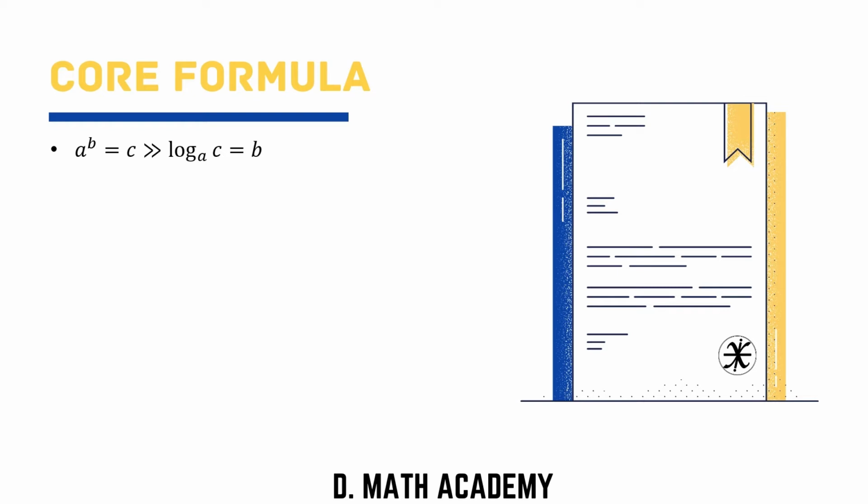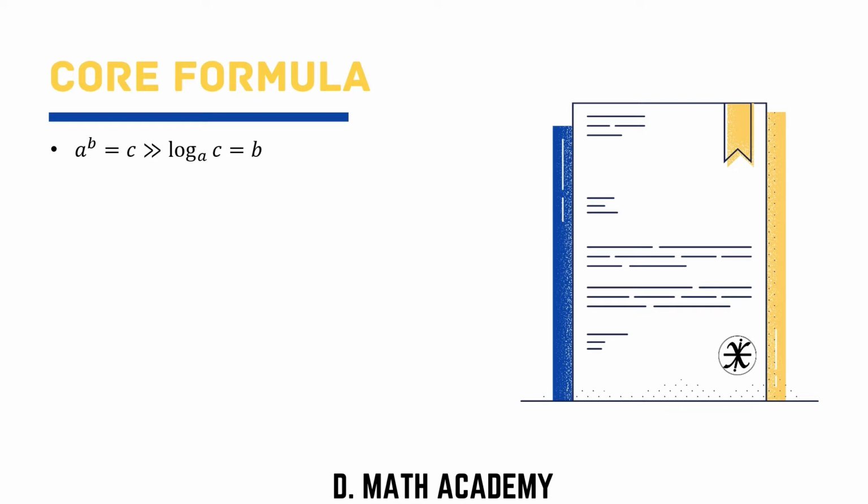To transform it into logarithm, our base will be the one at the bottom left corner. The value next to it will be the result, and it will help you figure out what's the power of A, which is on the other side.